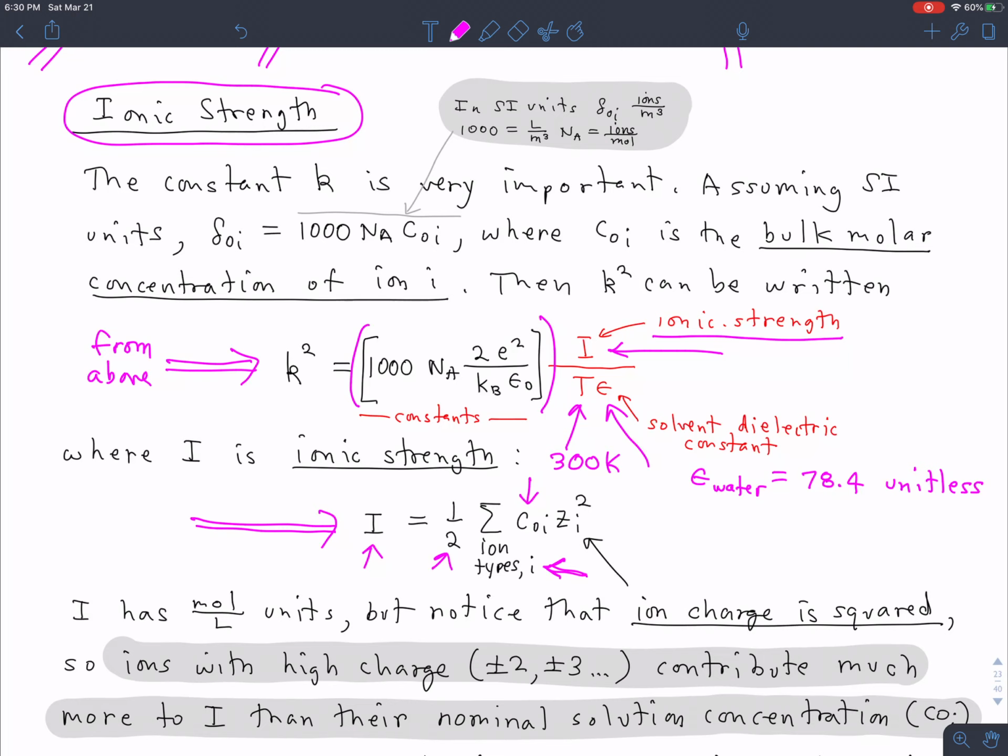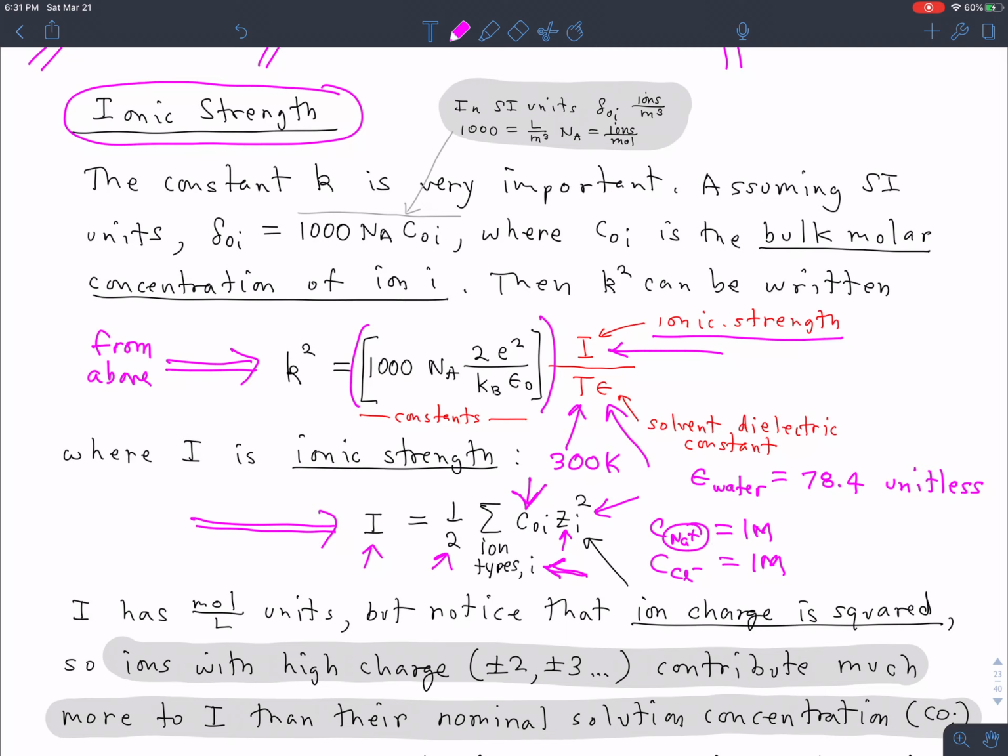So for 1 molar sodium chloride, the concentration for sodium ions would be 1 molar, and the next term for chloride ions would also be 1 molar. All these concentrations are just the normal concentrations you'd expect in an ionic solution, multiplied by the charge on the ion squared.